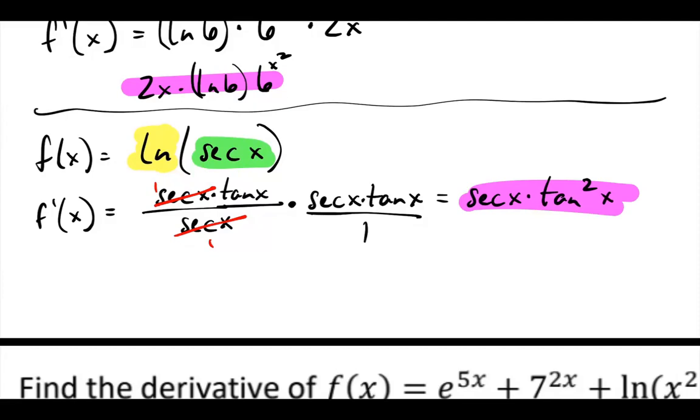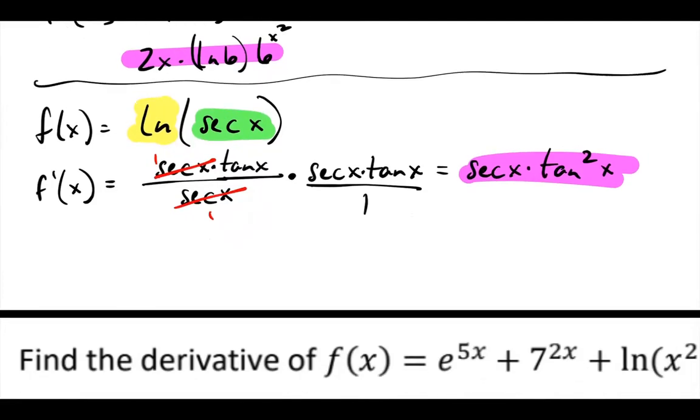Put them all together. How am I going to join them together? Plus, just that addition sign in between them. So I would have f prime of x. Since it's addition, order doesn't matter, but we'll do the first one first.